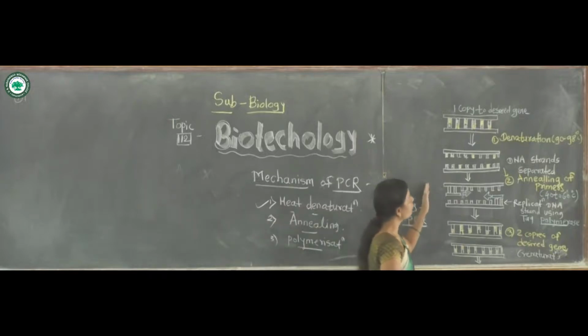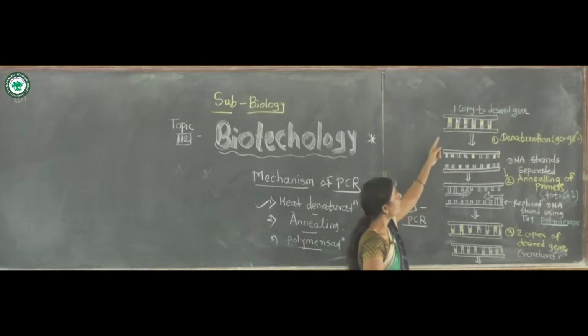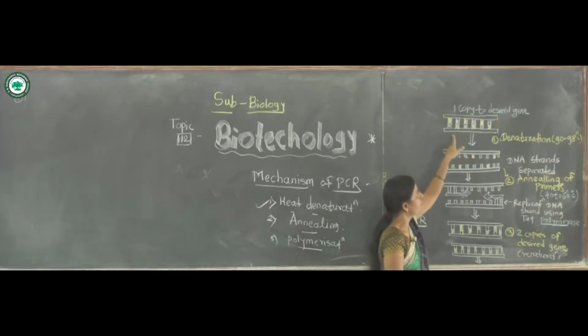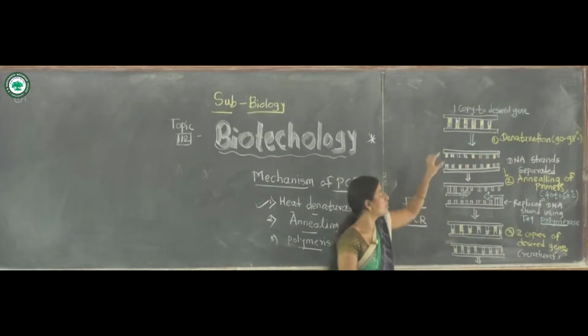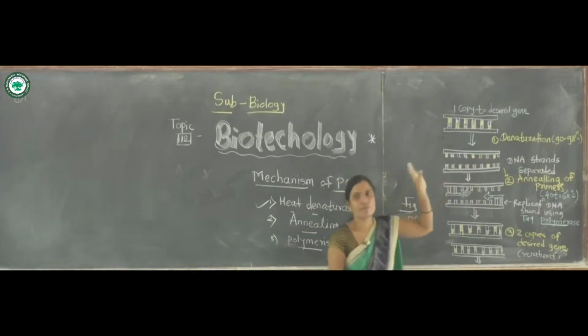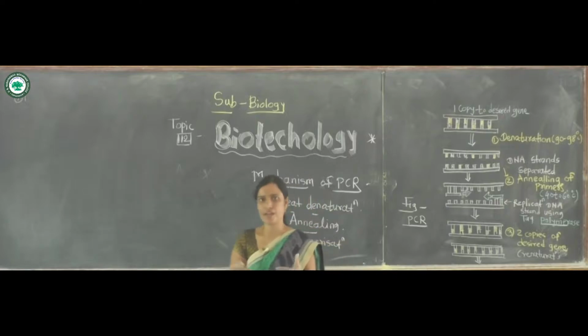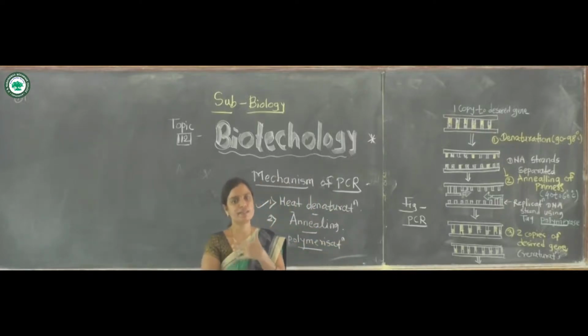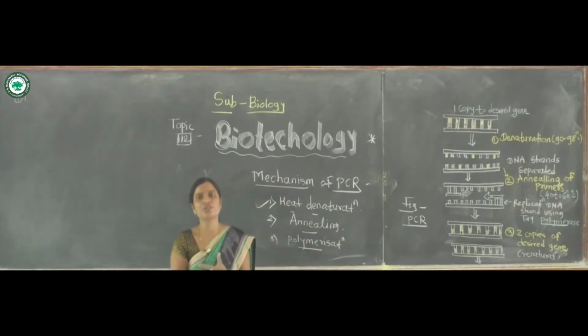In this figure, let's study these 3 steps. The first is copies of the desired gene, and this first step is denaturation. These are the 2 strands of the DNA, and in these 2 strands there are complementary nitrogen bases attached to each other.